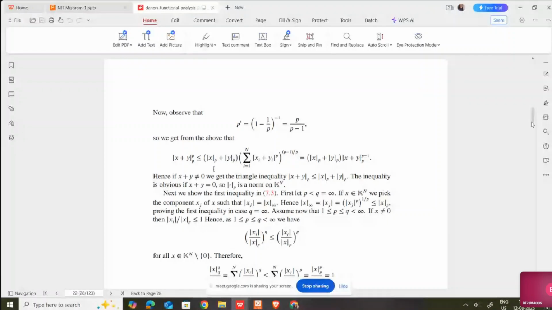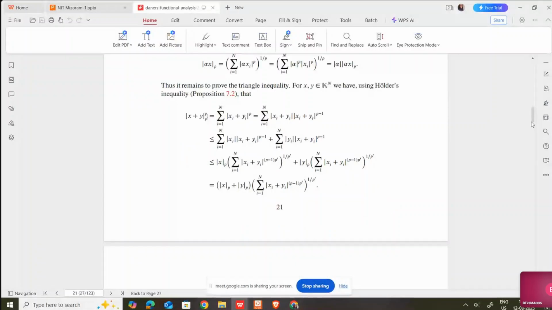I'm just taking the power p to avoid too much writing. What is this by definition? The summation i equal to 1 to n of |x_i plus y_i| raised to p. We will raise it to 1 by p later. Now split this |x_i plus y_i|^p as |x_i plus y_i| into |x_i plus y_i| raised to p minus 1.